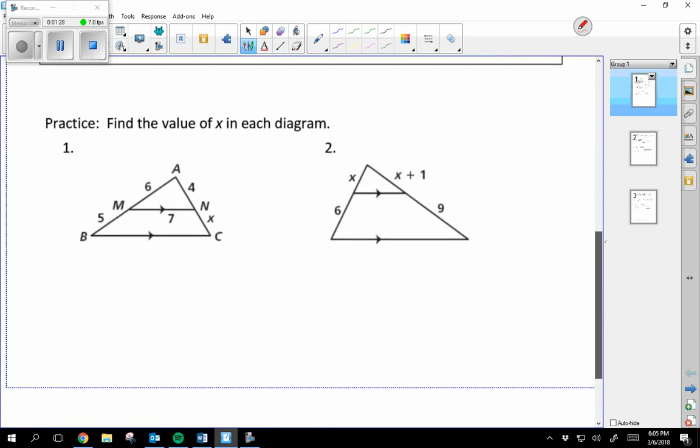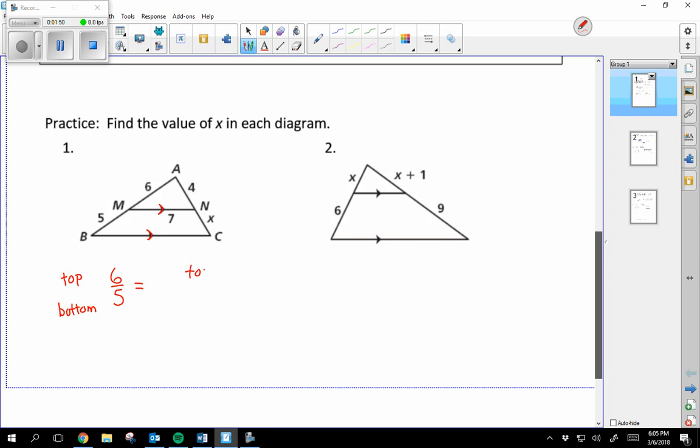If we take a look at number 1, first you want to notice these arrows. Those arrows are what guarantee that these lines are parallel. Because they're parallel, we can write the ratio that will compare the top piece to the bottom piece. From the left side, I would have 6 compared to 5.